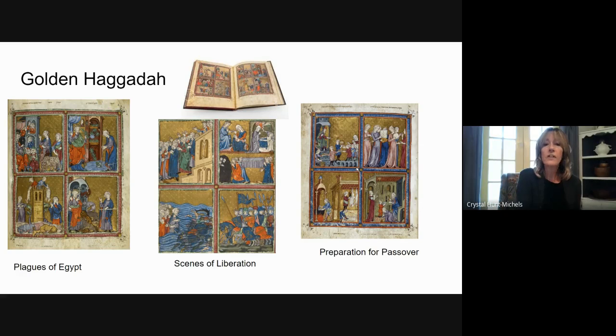And it's very common, when we talk about the function of the Golden Haggadah, that it is common for all households to have some sort of version of the Haggadah.